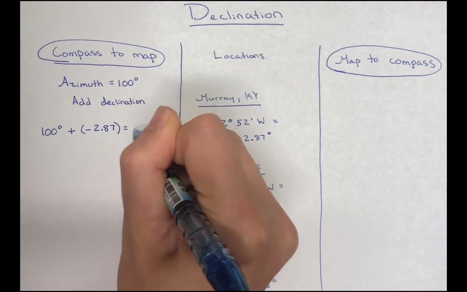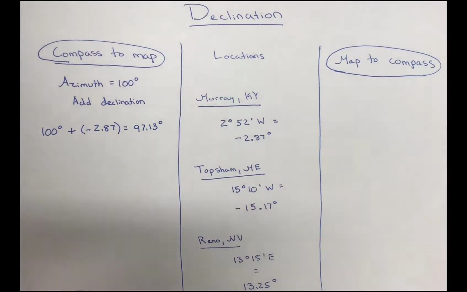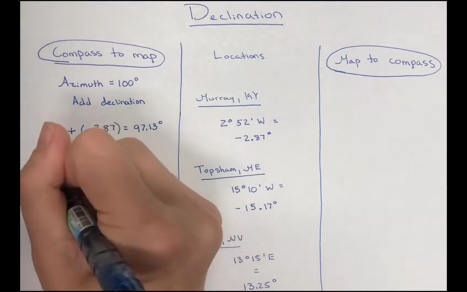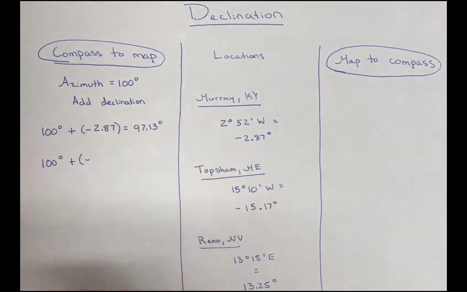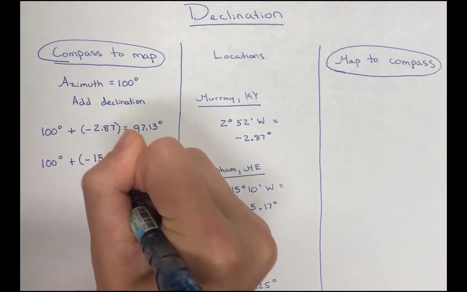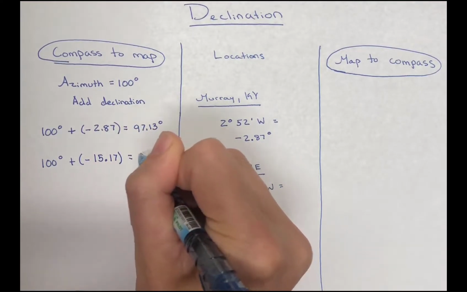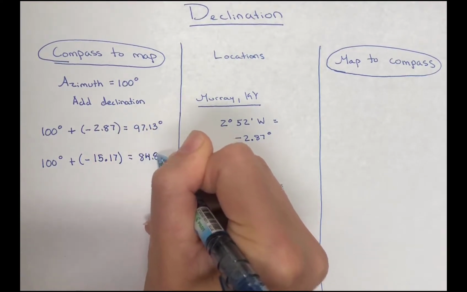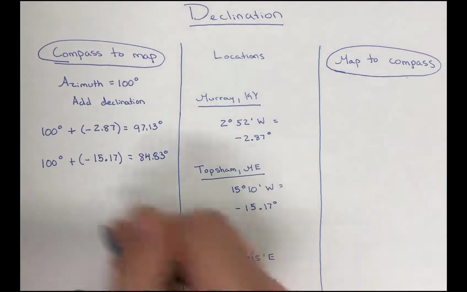That equals 97.13 degrees, or on your compass, you would dial in 97 degrees. For Topsham, we do the same thing: 100 degrees plus negative 15.17 degrees equals 84.83 degrees. Your compass is not that accurate, so generally speaking, you would probably dial in about 85 degrees.